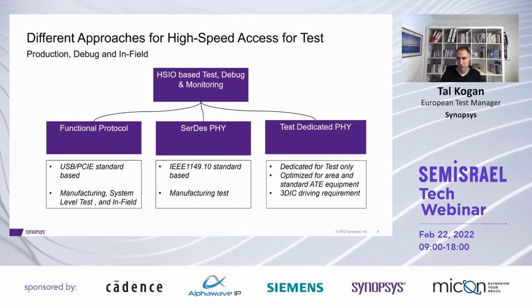And that is very good for manufacturing tests, maybe less for in-field. And then there could be, in theory, a test-dedicated PHY that you put on your SoC for that purpose. It might have some benefits, but today this solution is more theoretical.